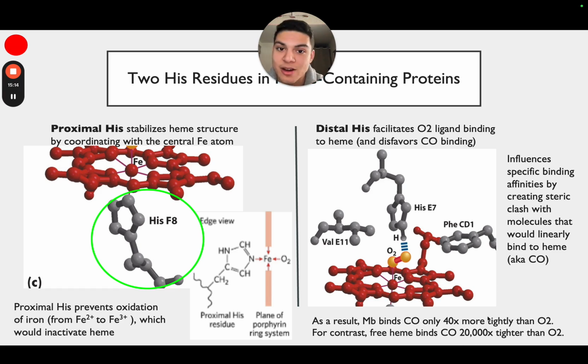This is a good fact to know, and if they ever ask why carbon monoxide's affinity is much less in myoglobin than in the free heme, use this justification of the histidine residues being there, specifically the distal histidine and also the proximal as well.